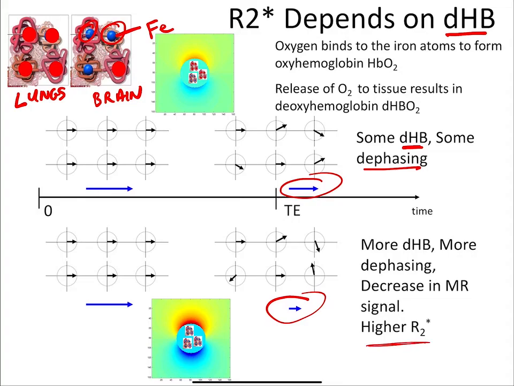That's a higher R2 star. But we just said that R2 star decreases mostly with activation. So that means that this is more like the baseline state, and this is like the activation. Okay. Ironically, you might think that there'd be more deoxyhemoglobin when you're using your brain, but evolution has set up the brain such that there's actually less. So we want to talk a bit about why that might be the case.